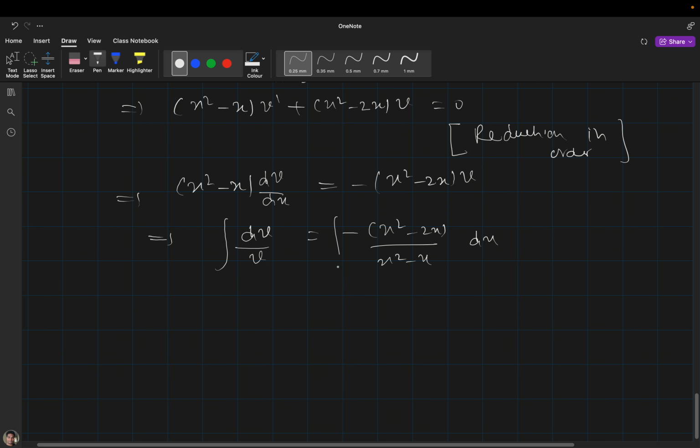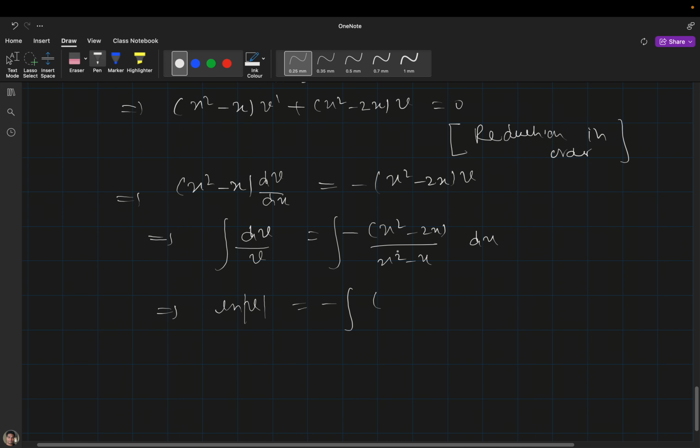Now I will integrate both sides. So this will be ln |v|. I will write mod, because in a logarithm the value inside the log should always be a positive number.